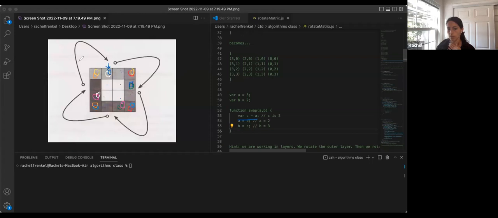If there were 4, this would actually be better if I had... Let me see if I can paste in. Sorry, hold on.